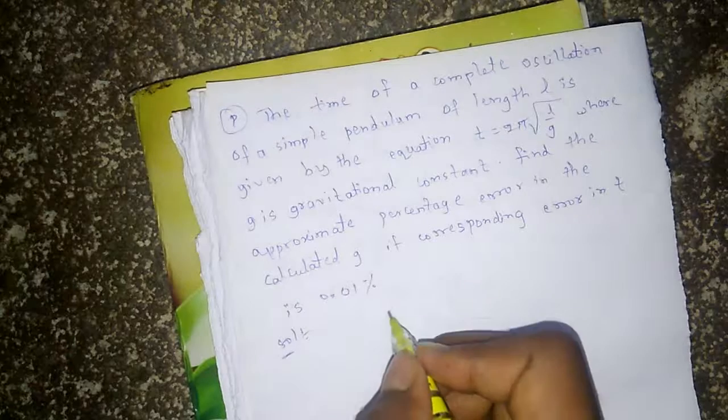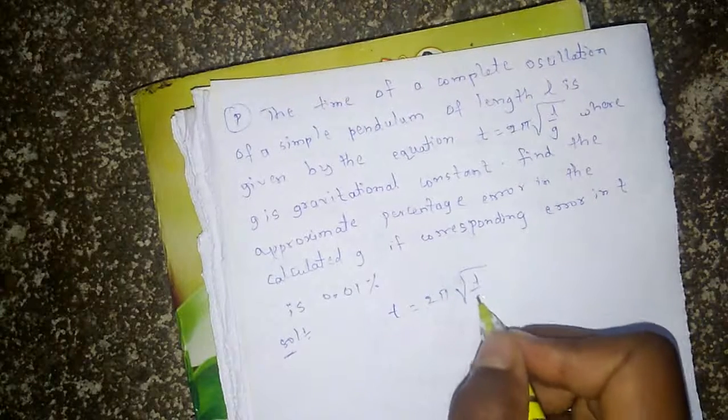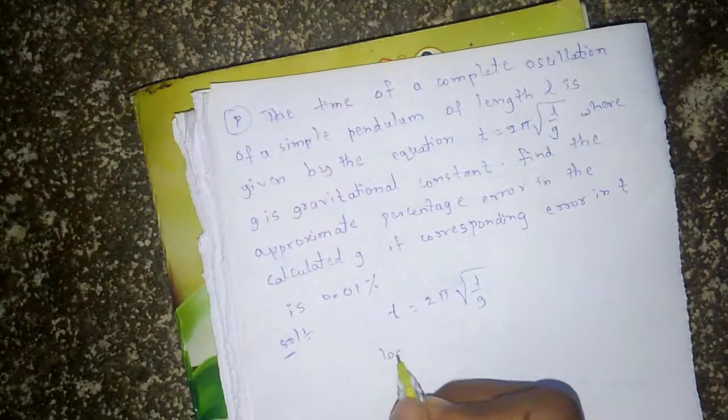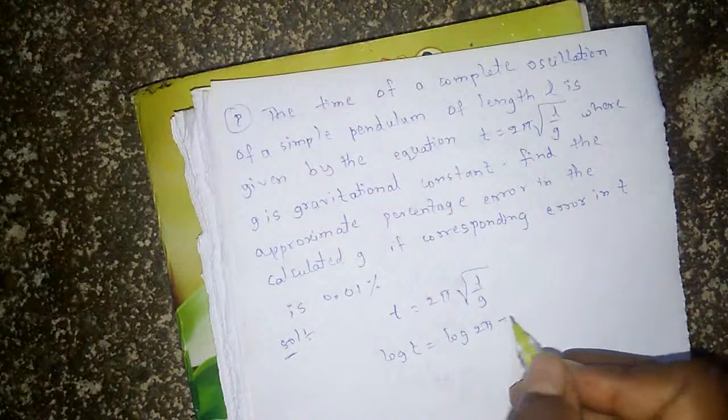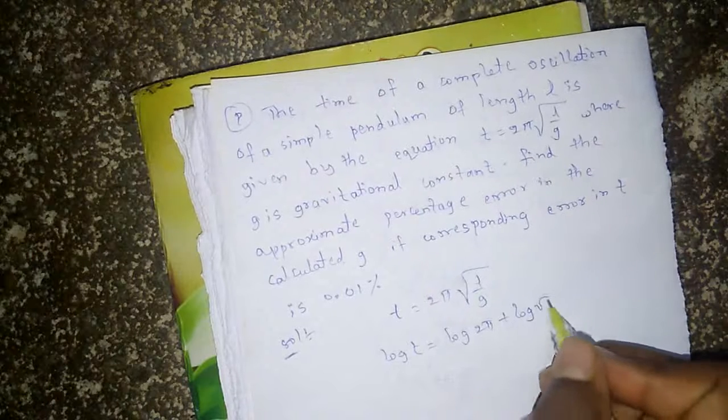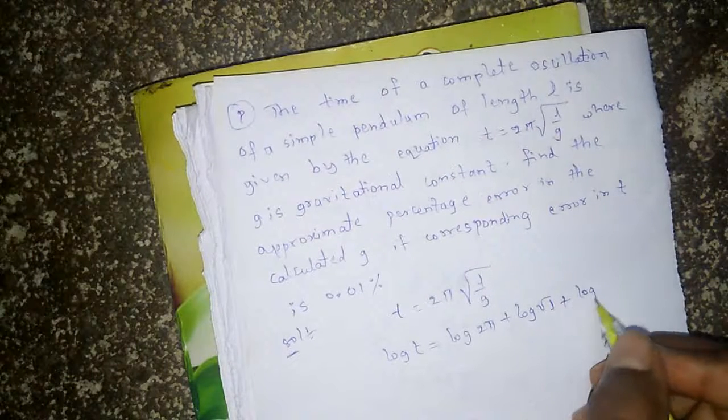So here given time period of pendulum is T is equal to 2 pi root L by g. So apply logarithm on both sides. Log T is equal to log 2 pi plus log root L plus log 1 by root g.